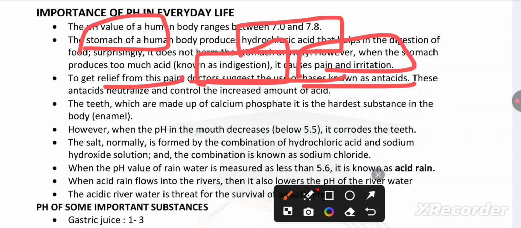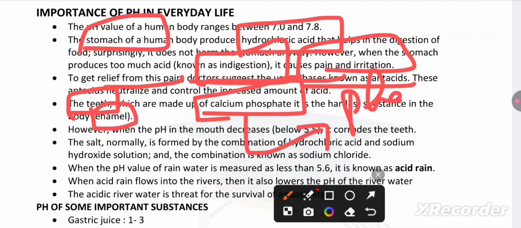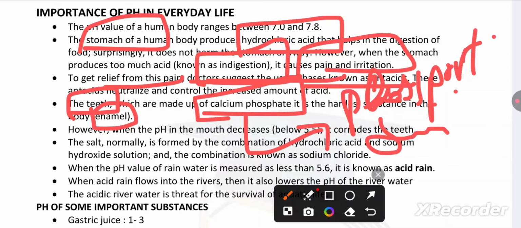Teeth, very very very important, guys. Tooth enamel is made up of calcium phosphate. When we are taking a passport size photo, we smile, showing our teeth.